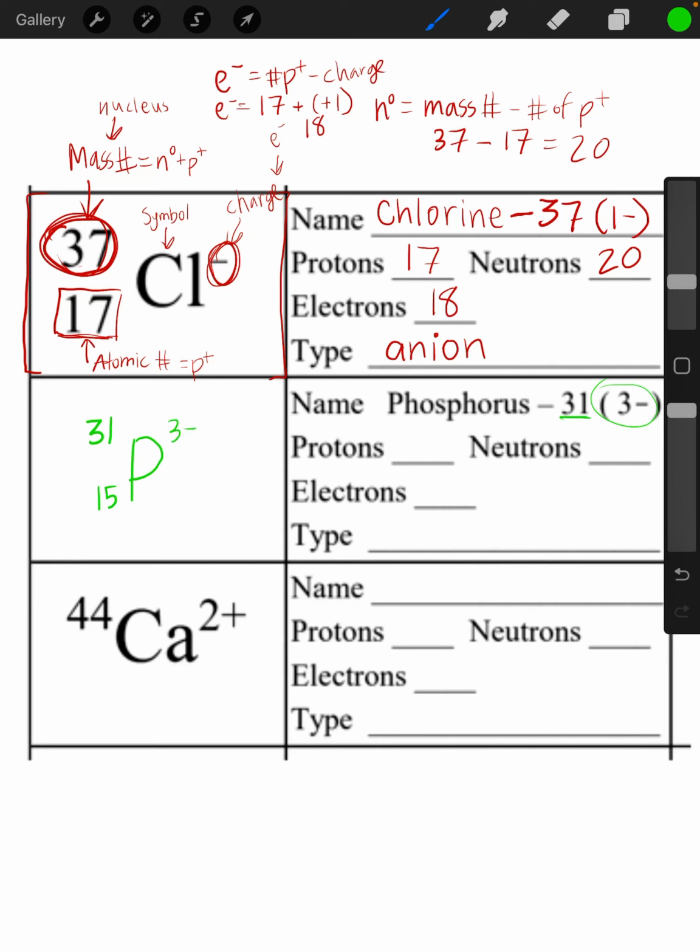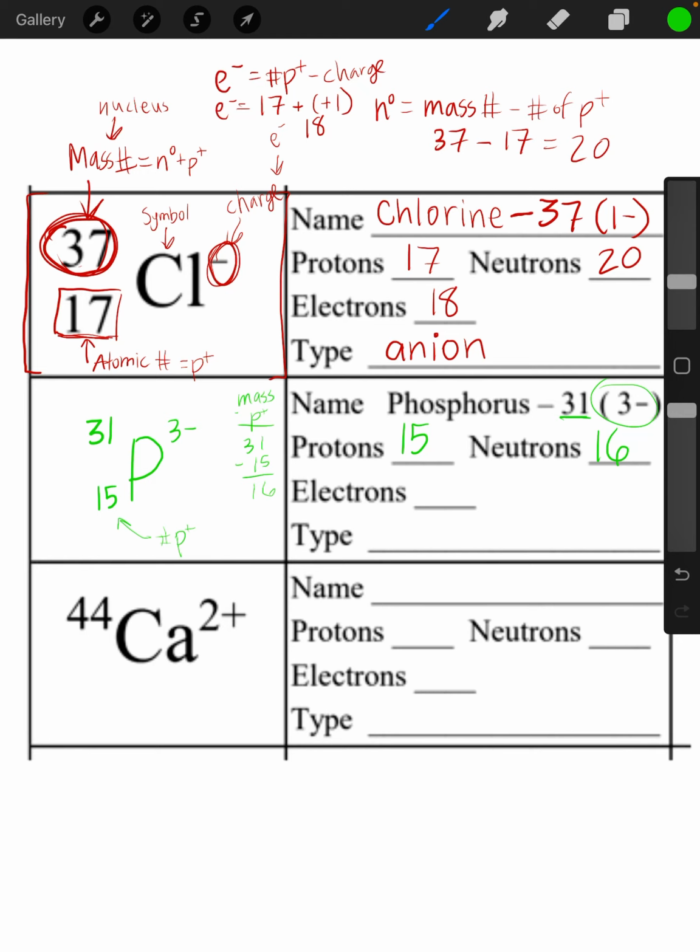So now we can answer the rest of those questions. We know that this number down there is going to be our number of protons. So we can say 15 protons in phosphorus. Our neutrons are going to be our mass minus protons, which is really equal to 31 minus 15. That equals 16.